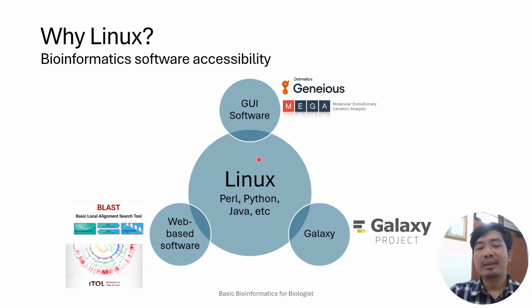But there are some other interfaces, something like Geneious or MEGA. You can find this software and install it on your computer. But basically, the core is in Linux. So they add an interface so you can use it on your own computer. That's why sometimes you need to pay, because a company makes this.